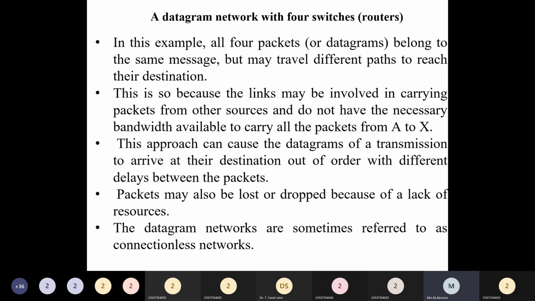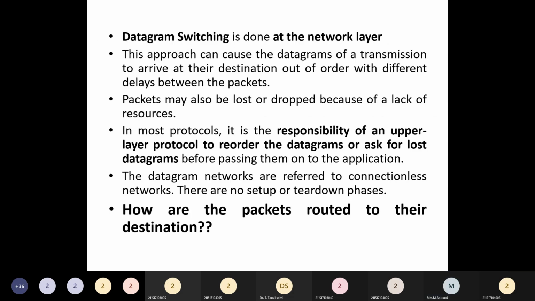In this approach, packets arrive at the destination with different delays between them. So datagram networks are sometimes referred to as connectionless networks. Datagram switching is done in the network layer.